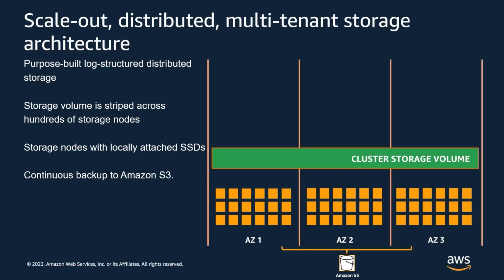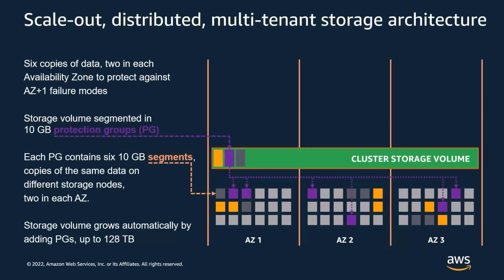We also continuously back up and stream the data and log pages from the storage volume to S3 for additional durability. As a part of the distributed storage architecture, we replicate the data 3 ways. Each page is replicated across 3 availability zones with 2 copies in each availability zone.